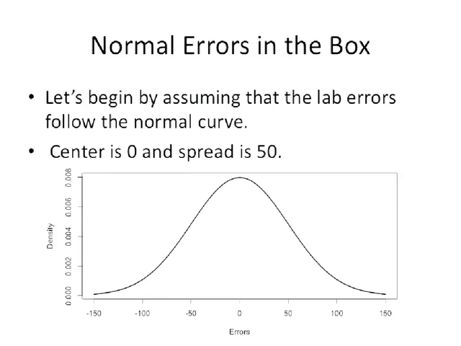Let's begin by taking one more assumption, the one we talked about with measurement processes, that often the errors look like normal curves. So let's assume that the tickets in the box, if we were to make a histogram or a density plot of them, would look roughly normal. We've said that should be centered at 0, and the lab has told us that the spread is 50.